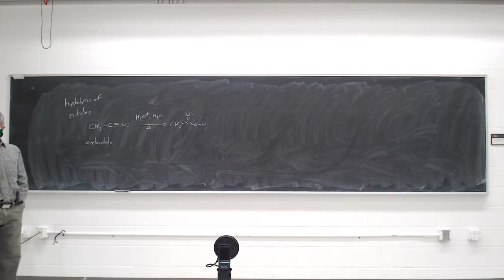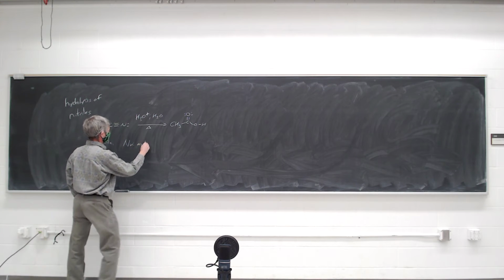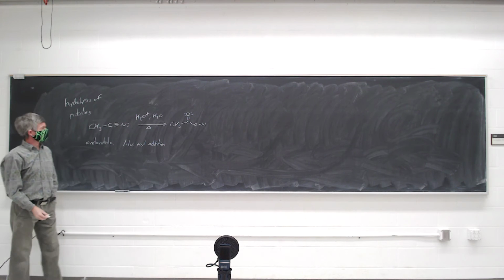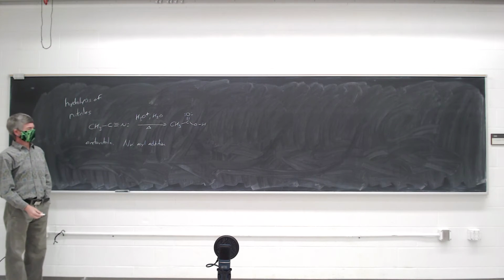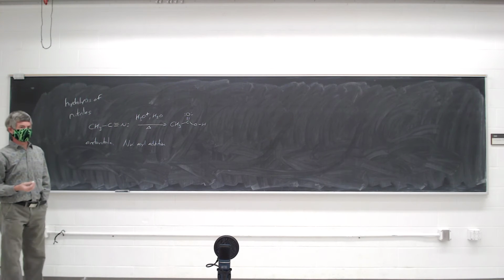But that mechanism is going to be a little different, because there's going to be a nucleophilic acyl addition mechanism starting, right? Before we can do a nucleophilic acyl substitution.